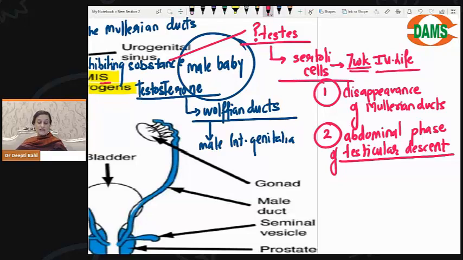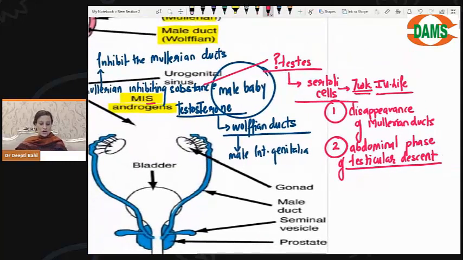There is an abdominal phase of testicular descent and there is a scrotal phase of testicular descent. So the abdominal phase of testicular descent is done by MIS. What does the scrotal phase of the descent? We will talk about it in a moment. So these are very important things that you should know about MIS.